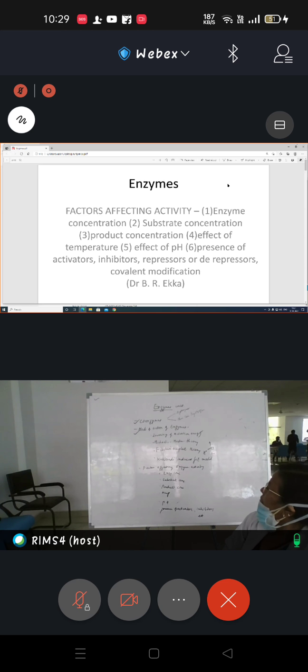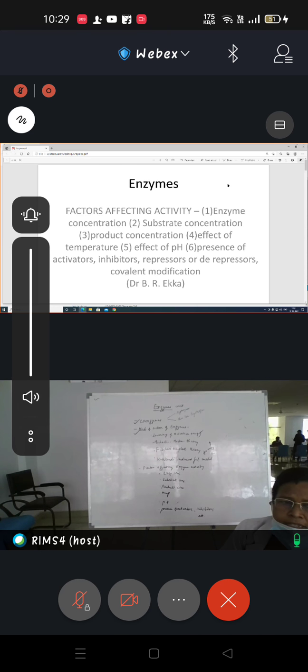Michaelis-Menten put forward an enzyme substrate complex theory.